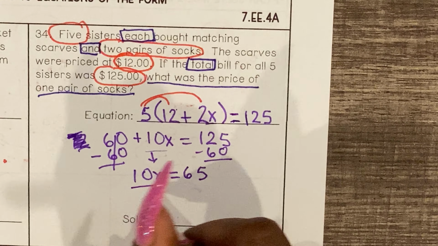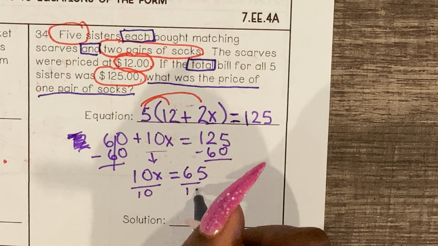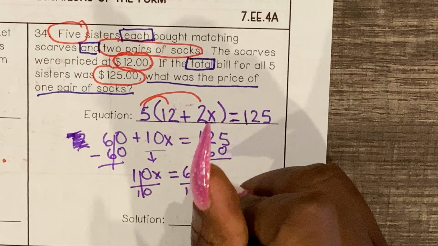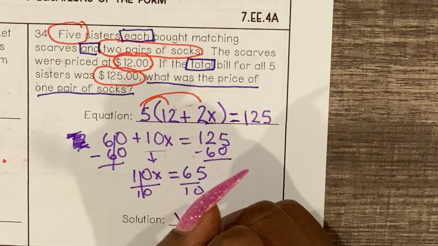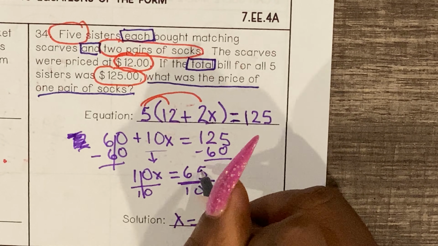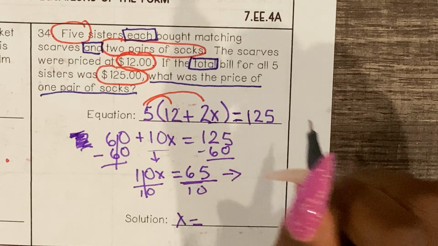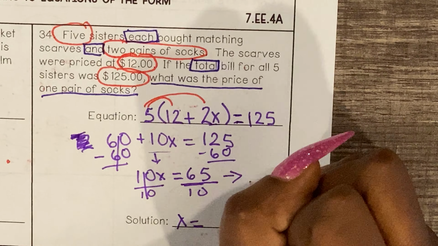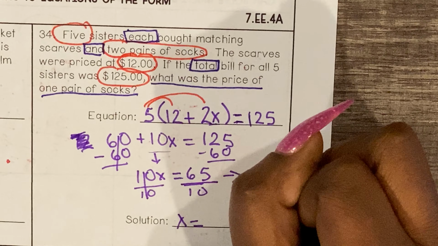I have one more step, which is to divide both sides by 10. And x is going to equal, so this divided by this will give you this.